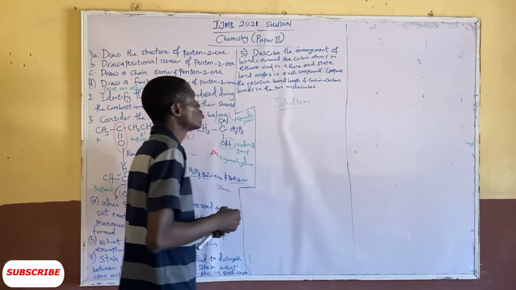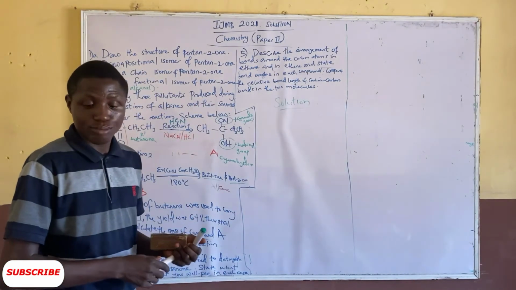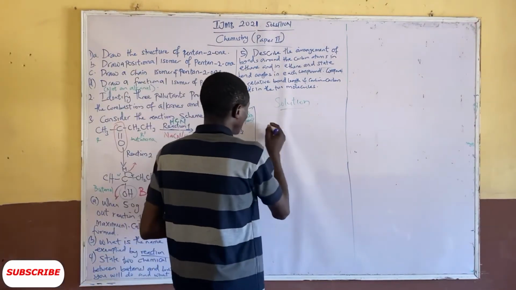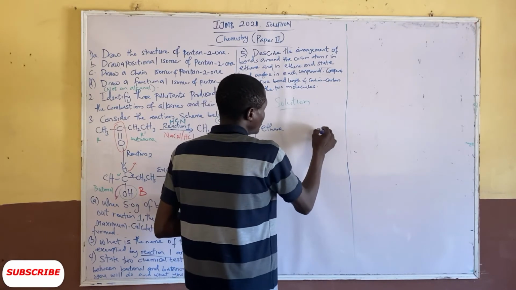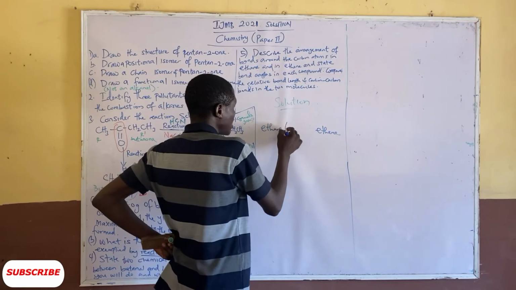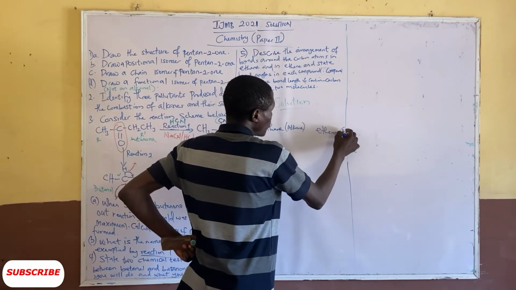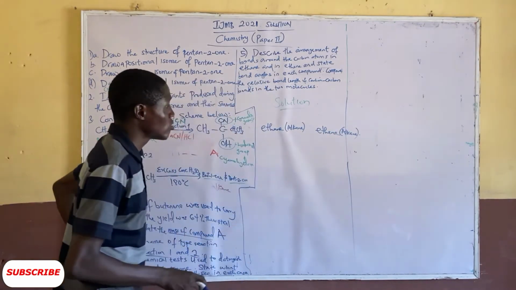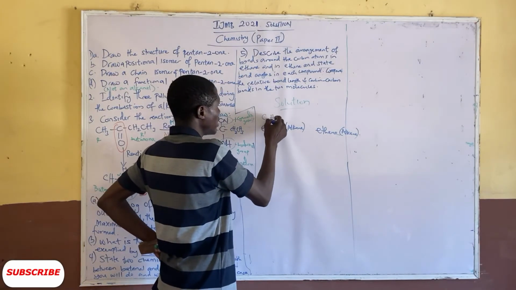Now, we are given two compounds here, ethane and ethene. Ethane comes from the alkane group, and ethene is from the alkene group. The alkane has the general formula CnH2n+2, and the alkene is CnH2n.